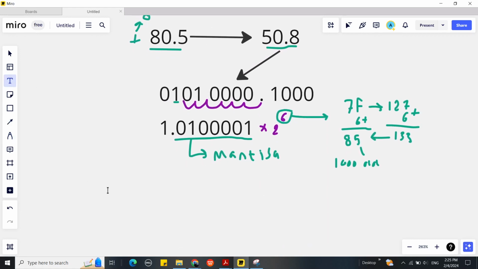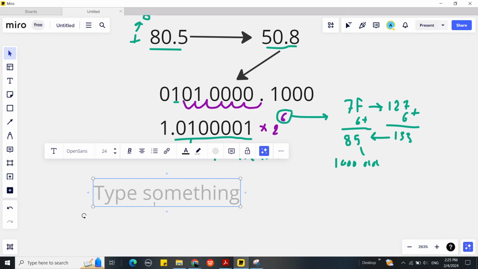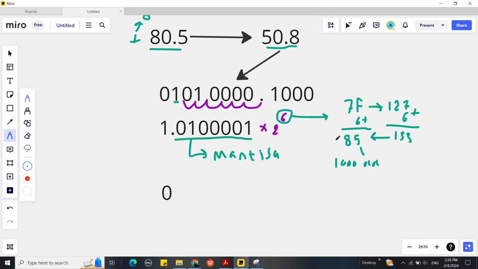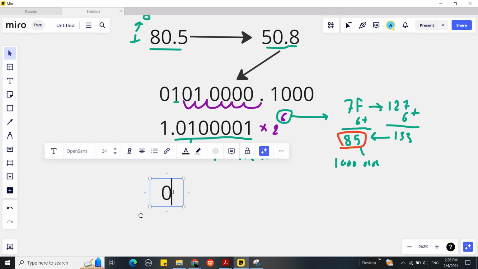Okay, so we said that the structure of single precision is made of three parts: sign, exponent, and mantissa. What is the sign? The sign is 0 because the number is positive, as I said earlier. Next, we're going to write the new exponent, which is 85, and 85 is made of 8, which is 1000, and 5, which is 0101.